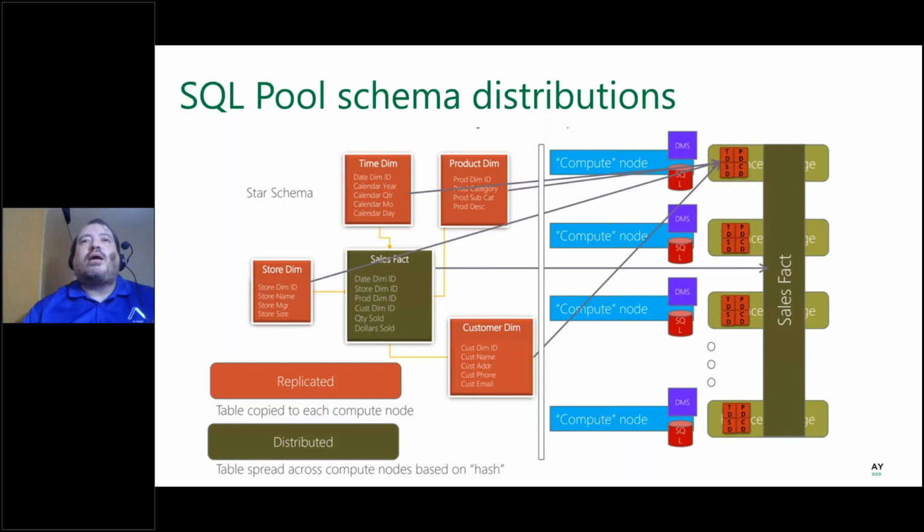This is not a plug and play software. If you don't know about the distribution techniques, about the compute nodes, how MPP works, you will just create tables there, try to get some result, and will be disappointed with the results you get.